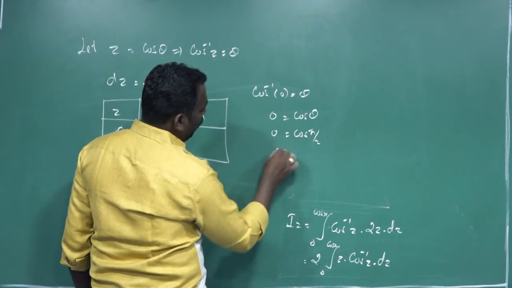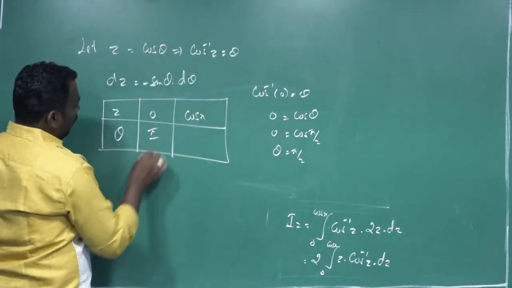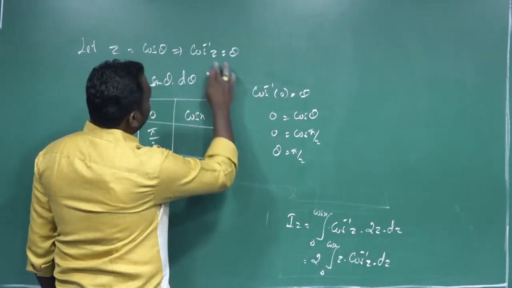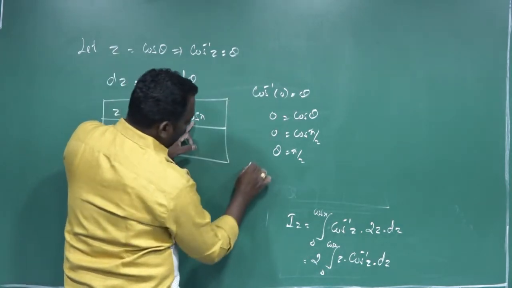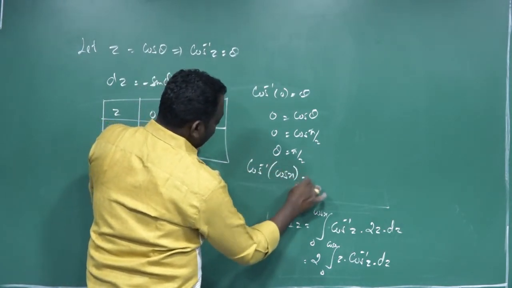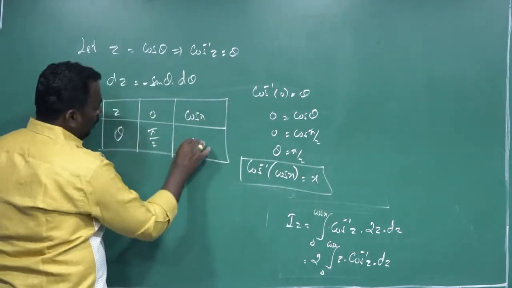Therefore theta equals pi by 2 corresponds to the z value 0. Next put the z value equal to cos x: cos inverse of cos x equals x by the trigonometric formula.